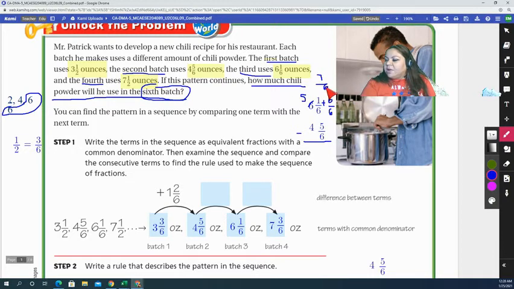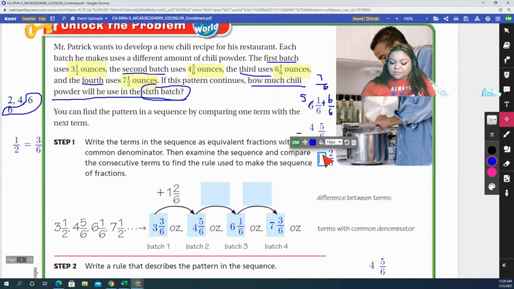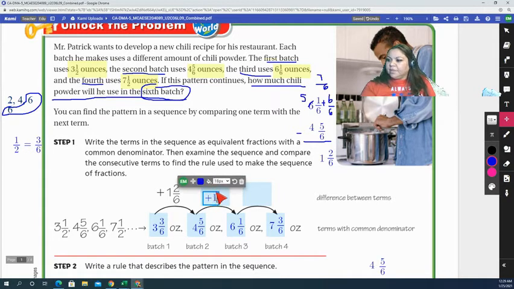Okay, so 7/6 minus 5/6 is equal to 2/6. And 5 minus 4 is equal to 1. So if you can see in the pattern, it's still the same. So in the second term, I'm adding 1 and 2/6, right?